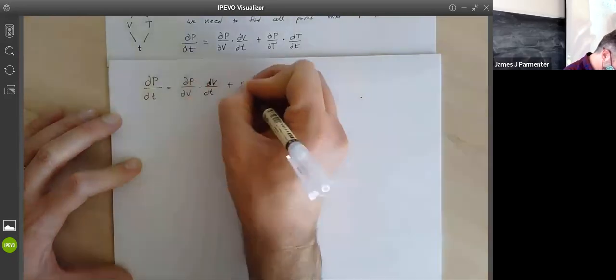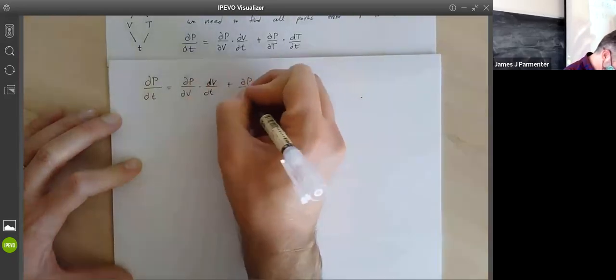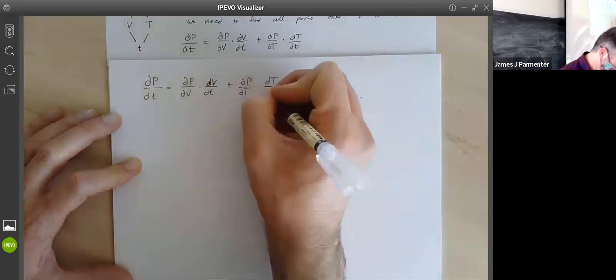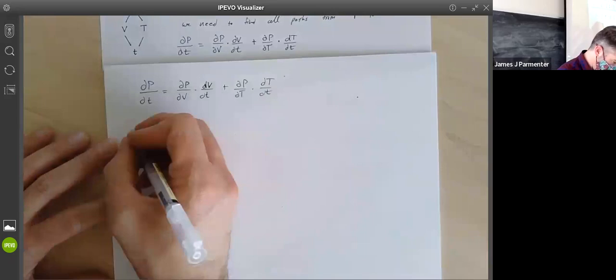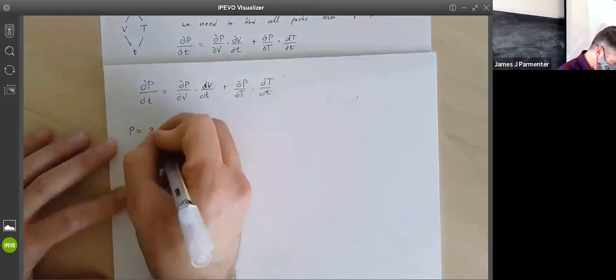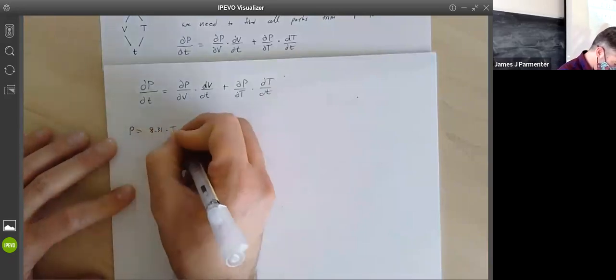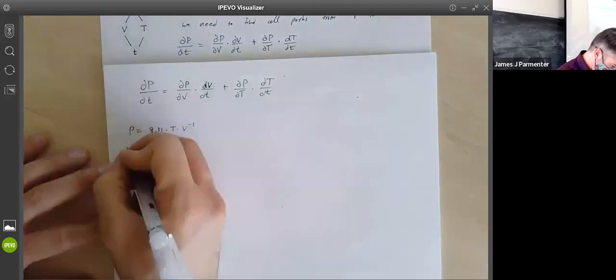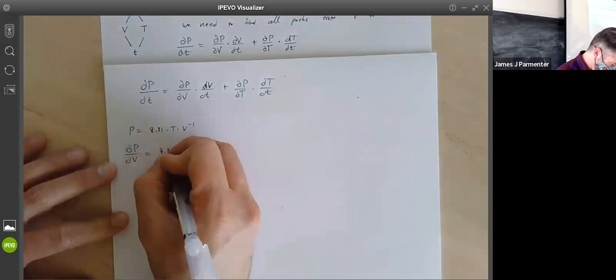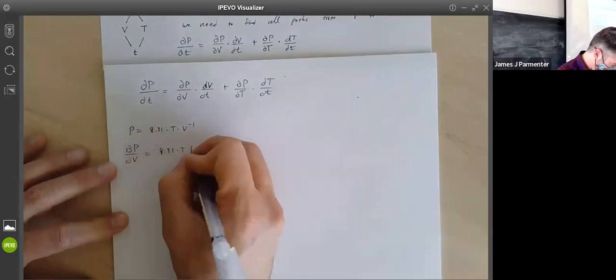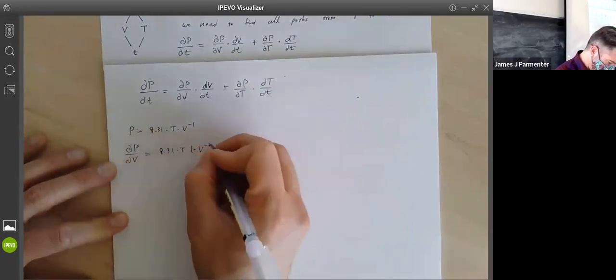And then del P del T times dT dt. So we need all the things. We have P equal to 8.31 times T times V to the negative first. Del P del V is going to be 8.31 times T times negative V to the negative second.